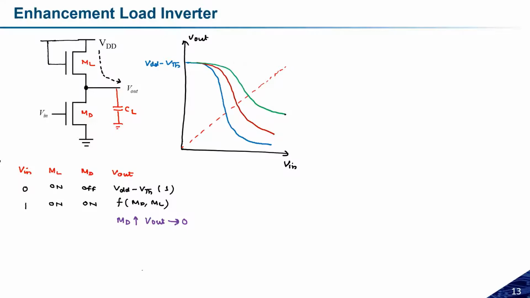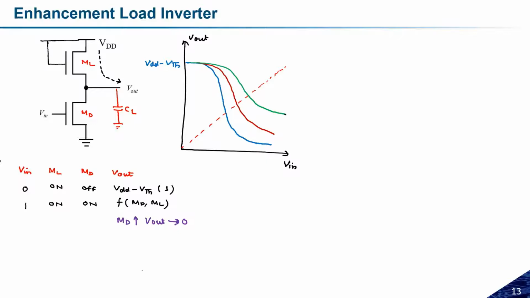See, can anyone tell me, we have 3 different graphs. One is the green, second one is the brown, and the third one is blue. If I increase the size of MD, like W by L of MD, then which graph will reflect? Towards the blue side or towards the green side? Towards the blue side. Towards the blue side, yes.